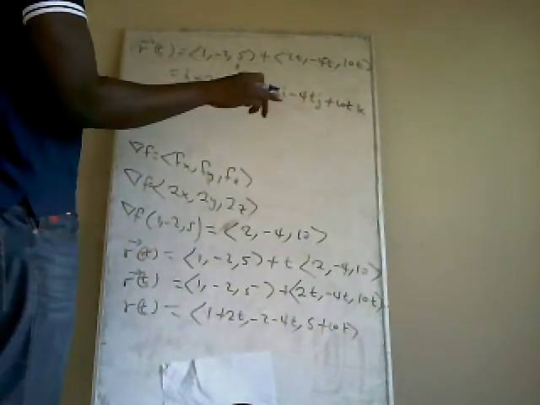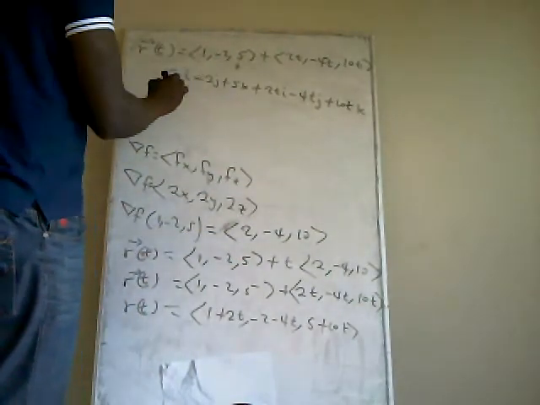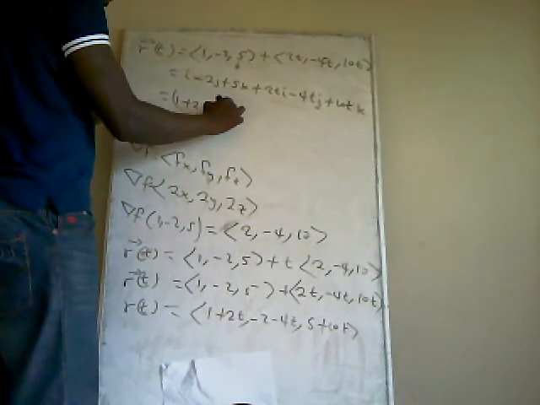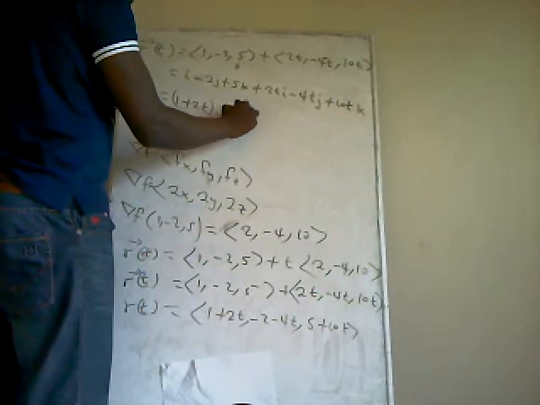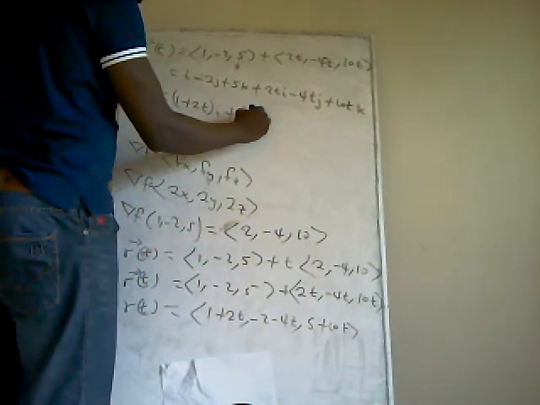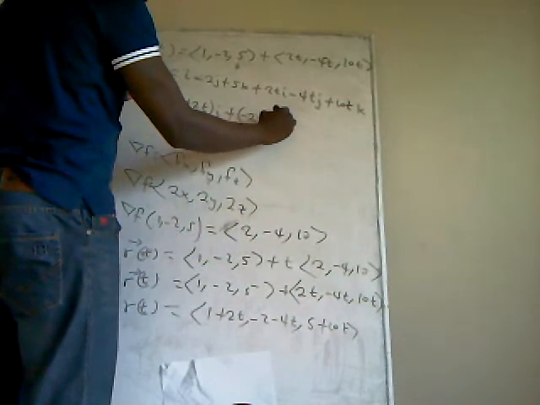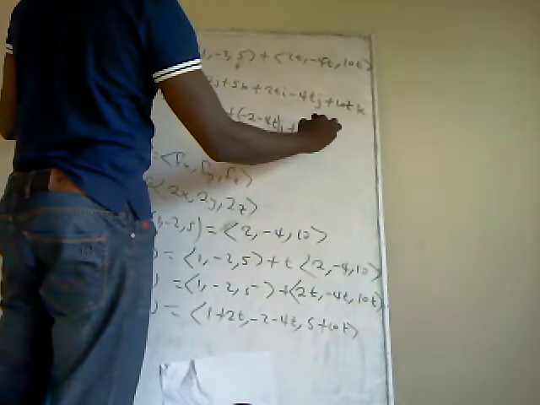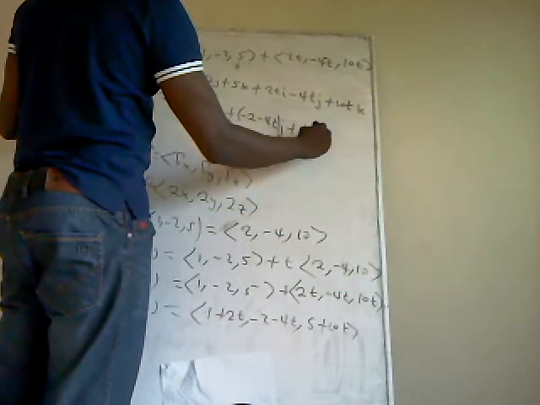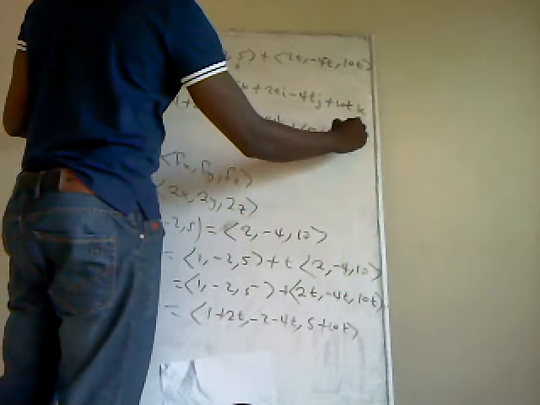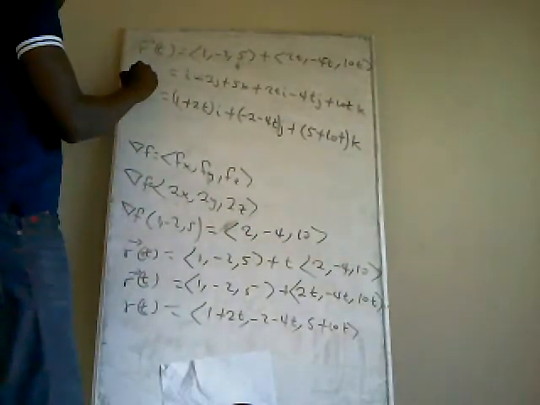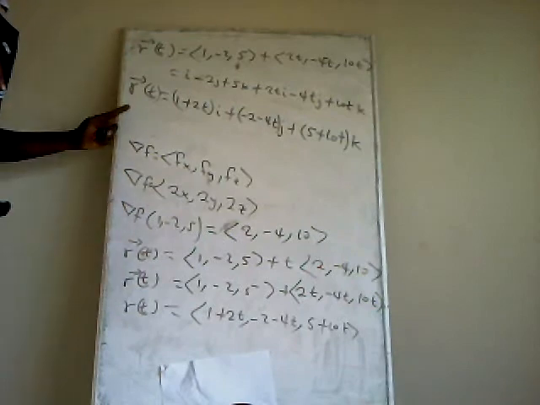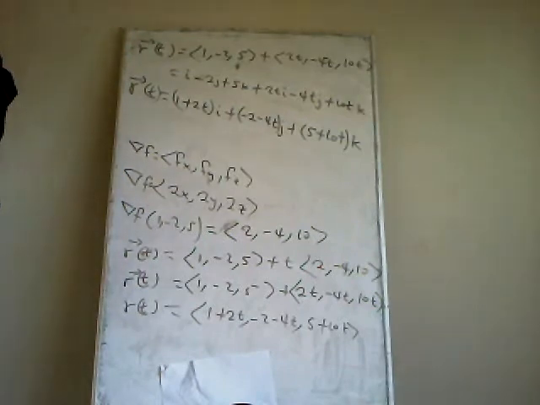So we group all the i's, all the j's, and all the k's. I'm going to get 1 plus 2t i, plus minus 2 minus 4t j, plus 5 plus 10t k. This is the equation of a normal line. Either this or this, either of them is accepted, right?